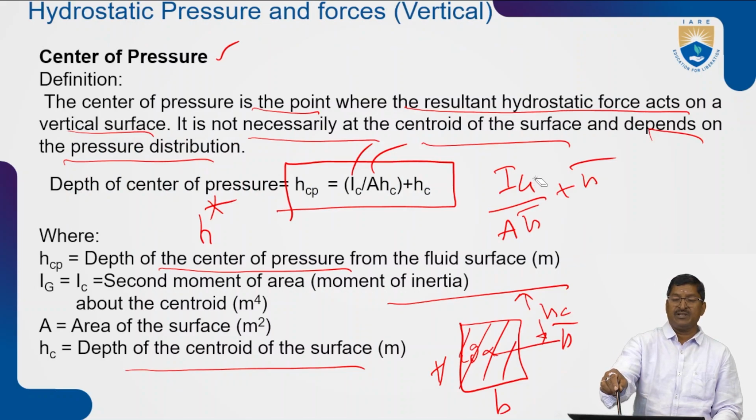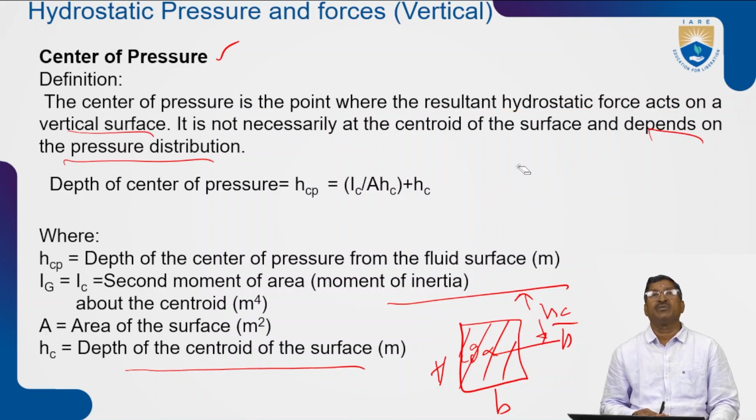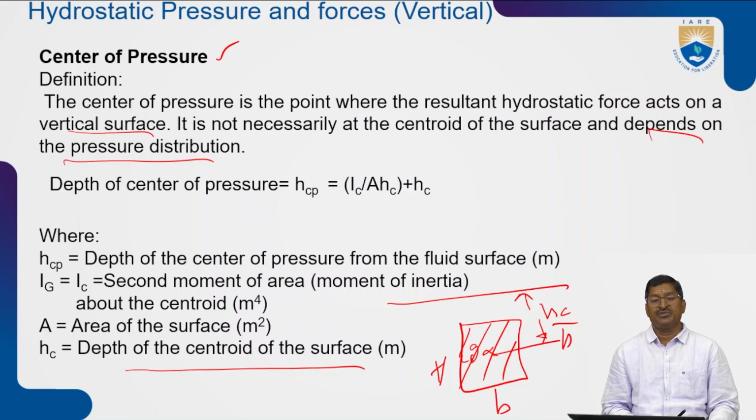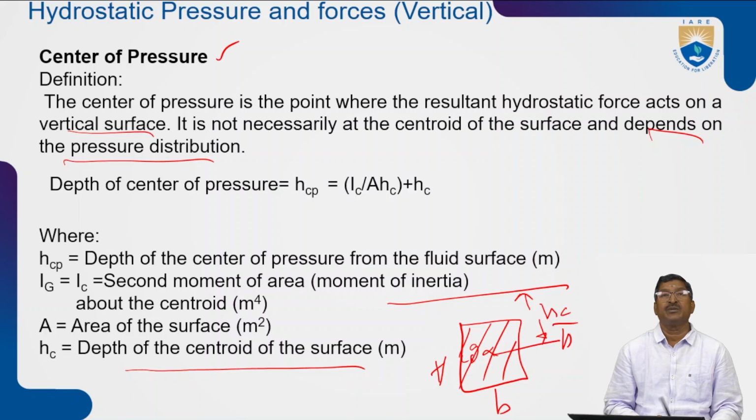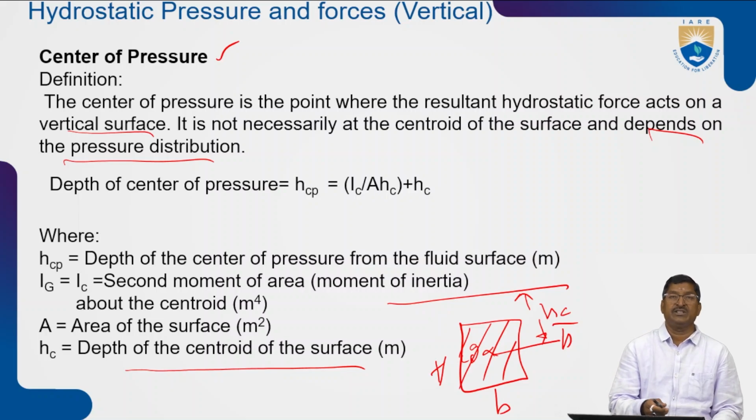So the center of pressure here is nothing but the pressure exerted by a fluid at a particular point. It depends upon the pressure distribution. The depth of the center of pressure is given by Ig by A h bar plus h bar, where hc is the depth of the center of pressure.